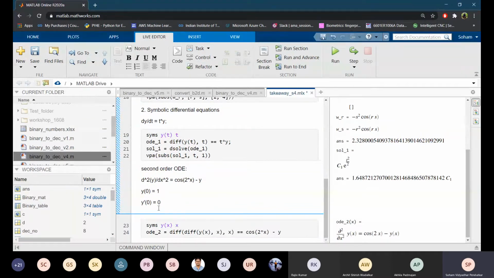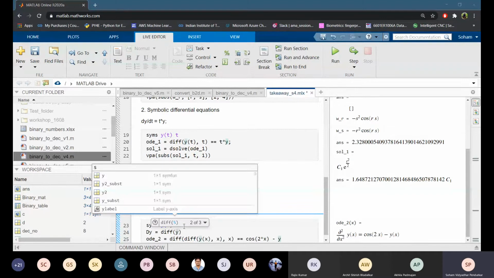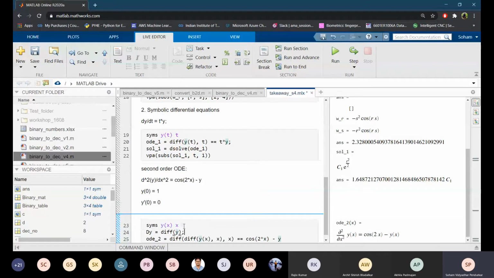Now y dash of 0 is equal to 0. That means we need to differentiate y, right? So let me modify this here again. Let me say dy is equal to diff of y. This creates a y dash value.